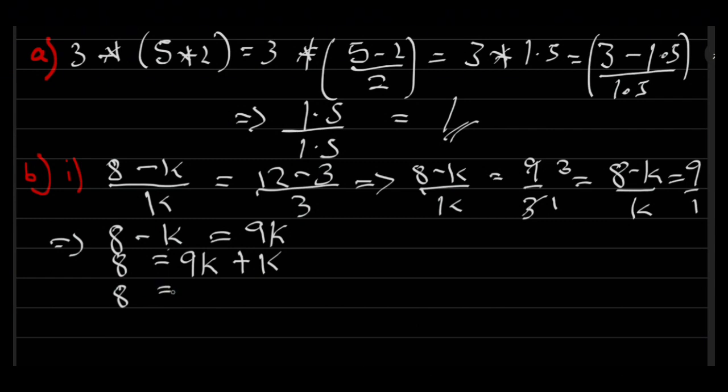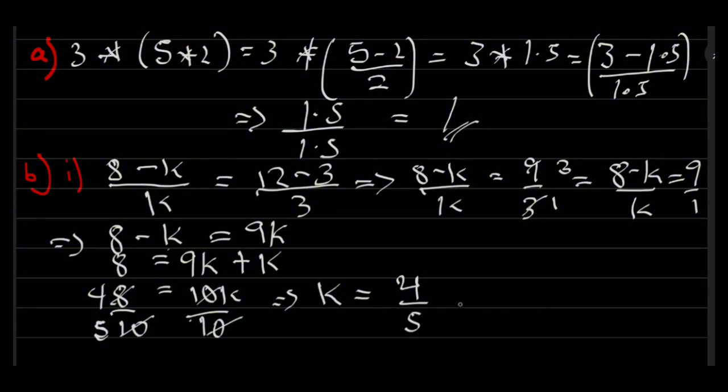Then we have 8 equals 4k, dividing both sides by 4. So k would be equal to 2.